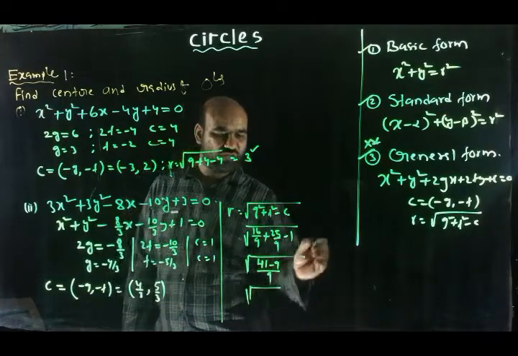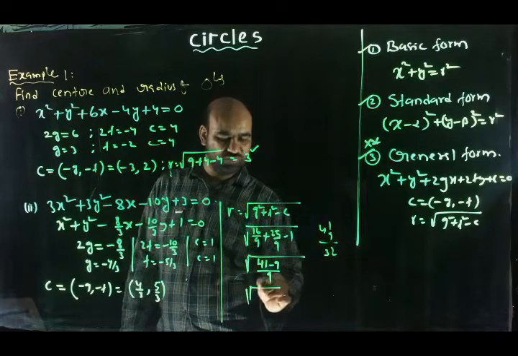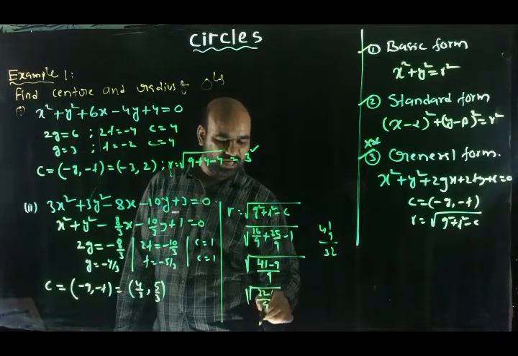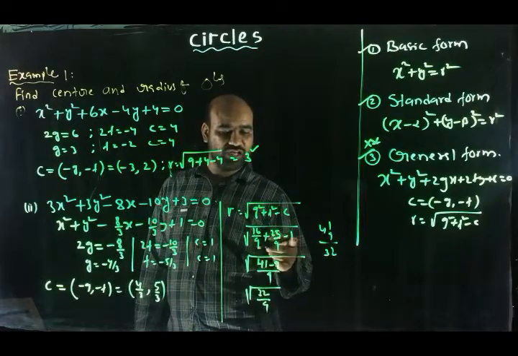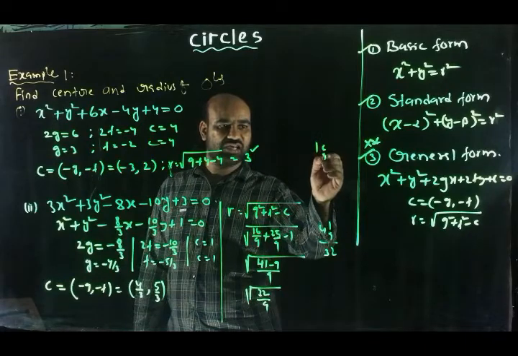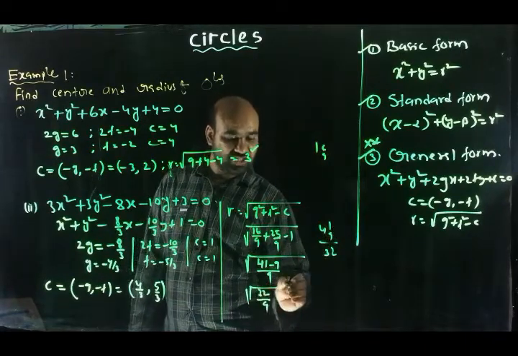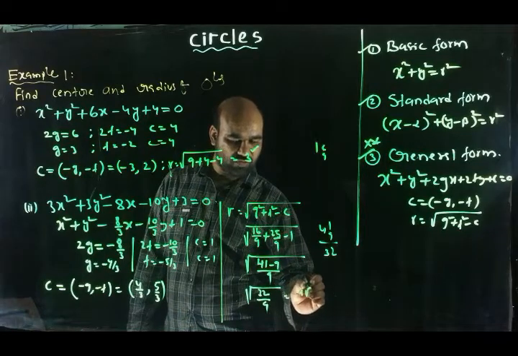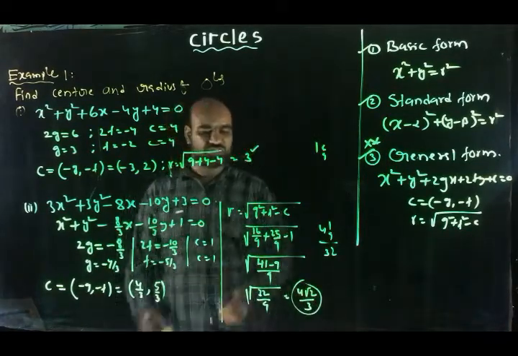So that is root over 32 by 9. So correct, no? That is 25 minus 16... 16 minus 9. Okay. So this is 16 twos are 4 root 2 by 3. So this is the radius of the circle.